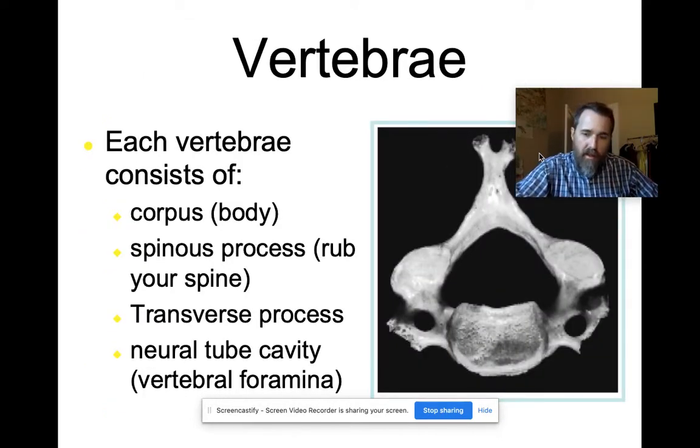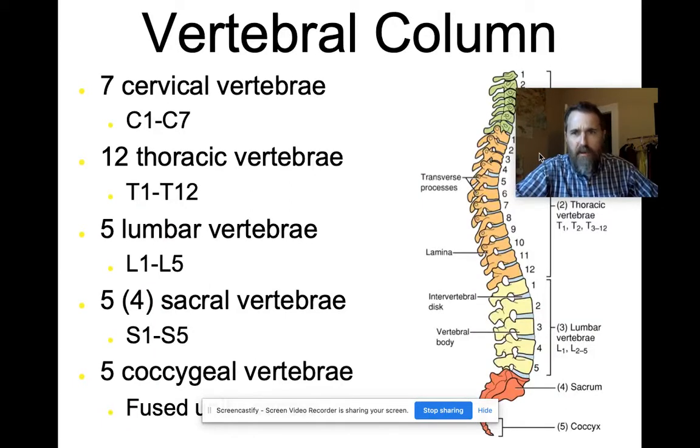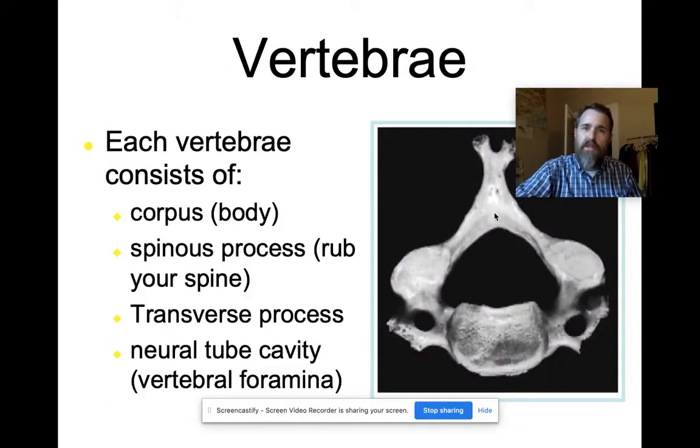So the categories of vertebrae, if you look at cervical, thoracic, lumbar, sacral, coccygeal, they all look different. They have slightly different features, but they share some very basic features. Let's look at some of the most basic features that all the vertebrae share.